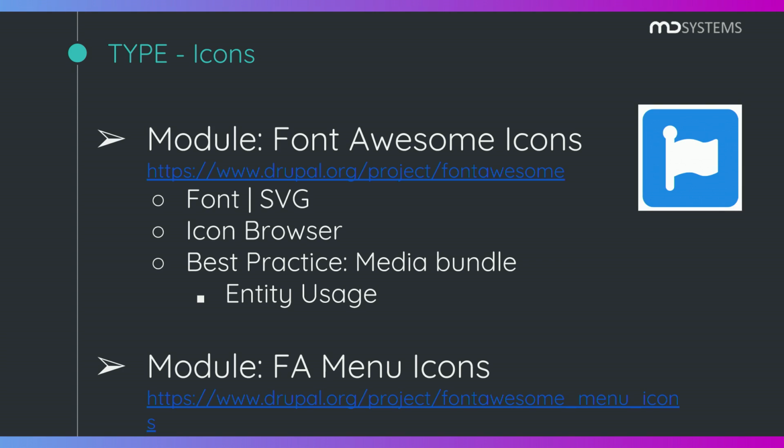What we discovered at some point is Font Awesome. We're typically adding a media type that is just a field of Font Awesome. There's a browser where you really can browse the whole list of characters and icons that are available, and afterwards you have a managed icon, and you can decide the way you're working with symbols.